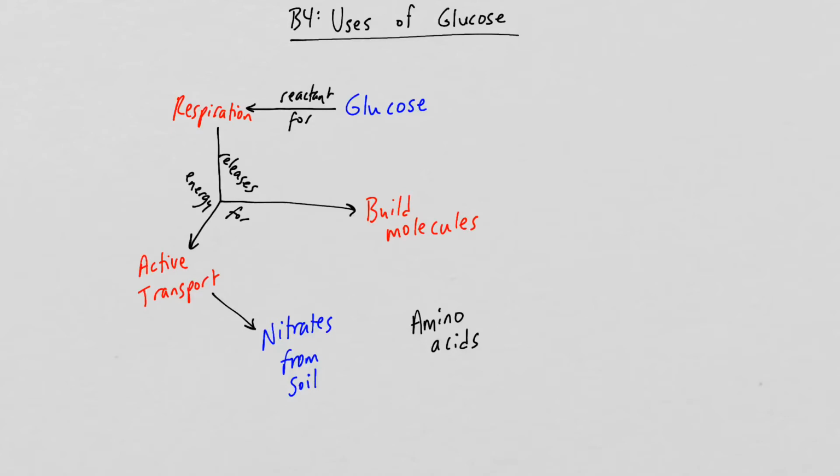It's actually nitrates and glucose together that are going to do that. So glucose is used to build molecules such as amino acids using nitrates from the soil.